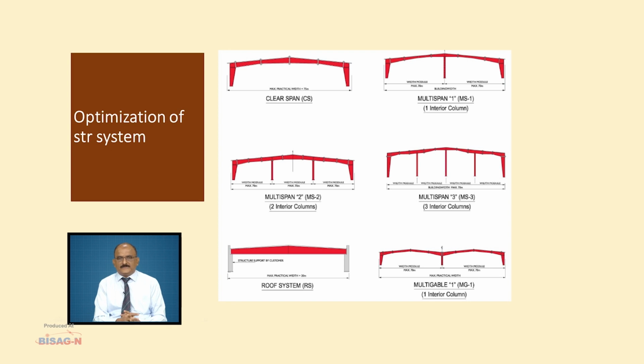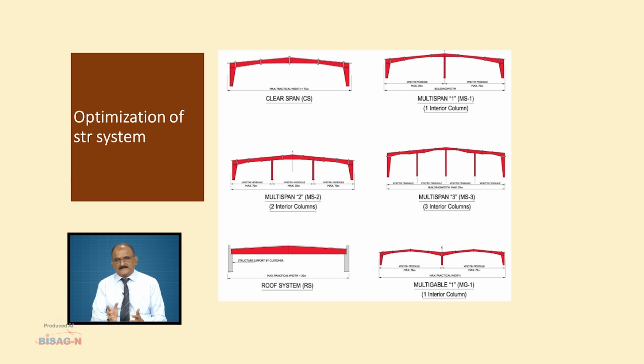Here I am showing you the structural systems generally used in a PEB structure. The first one is a clear span. This type of structure with a single span can be used up to 75 meters economically, or maybe multi-span with one interior column, two interior columns or three interior columns.